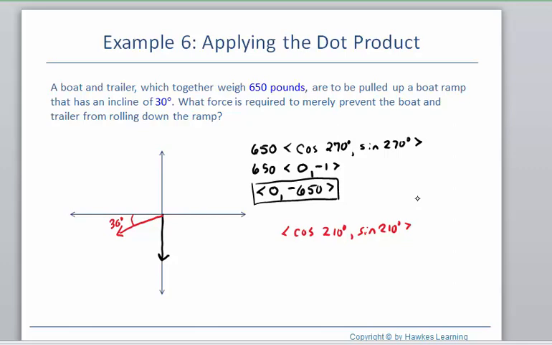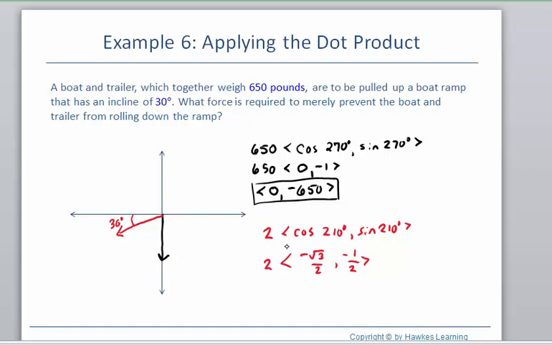So I'm going to work inside my vector for just a minute. Cosine 210 degrees is going to equal -√3/2, and sine 210 is going to equal -1/2. So what I want to do here is use a magnitude or a length that is going to make my calculations a little bit easier to work with. Since both of these fractions have a denominator of 2, I'm going to use a 2 as my magnitude or my length.